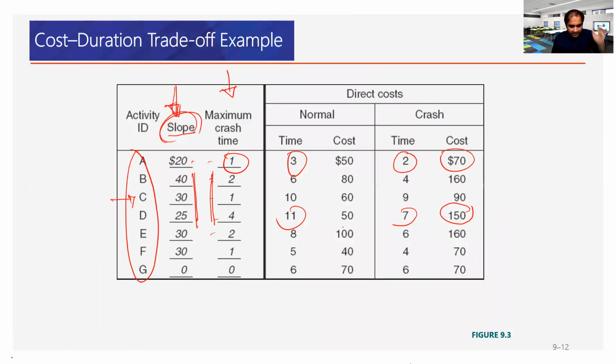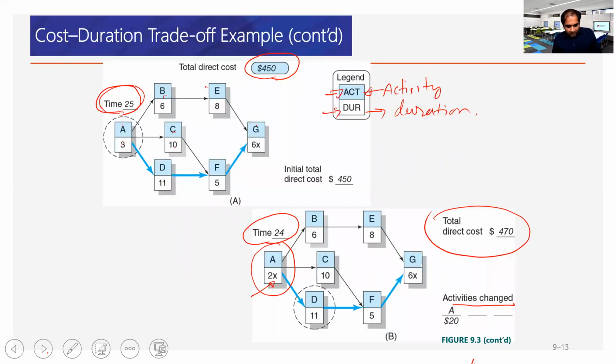From here we can see if we go B, C, D and then E, F. So C, E, F cost pretty similar. All three have exactly similar cost. D is a bit lower cost. C, E, F will cost us exactly similar, so we have the maximum crash time 1, 1, 2.